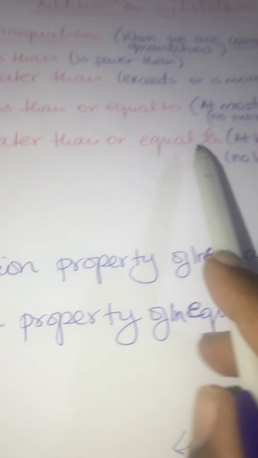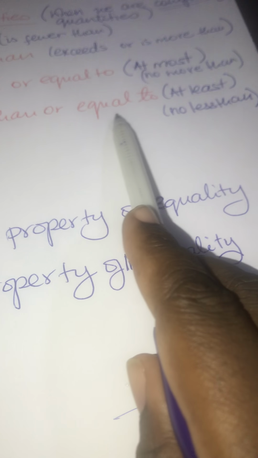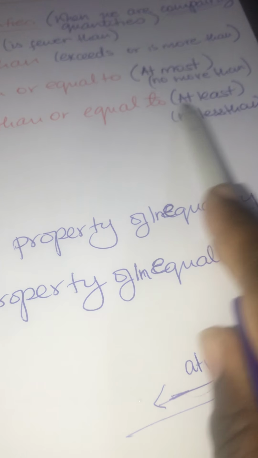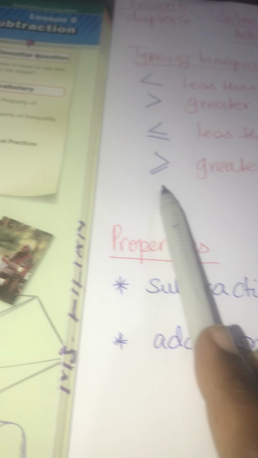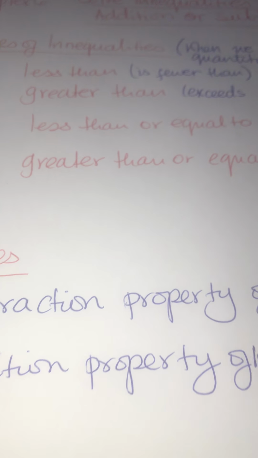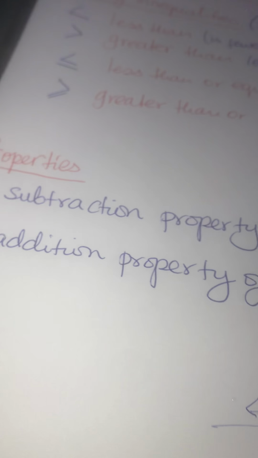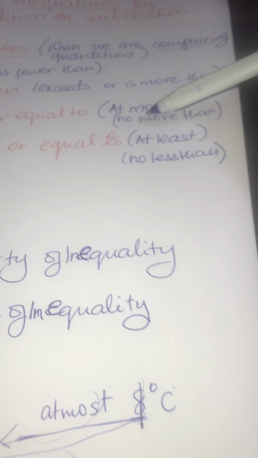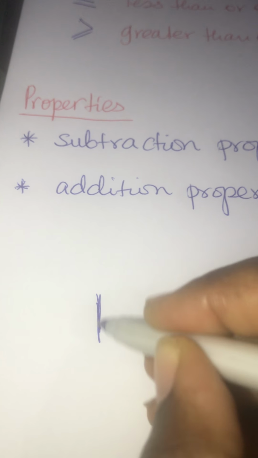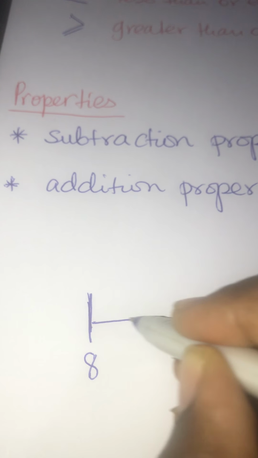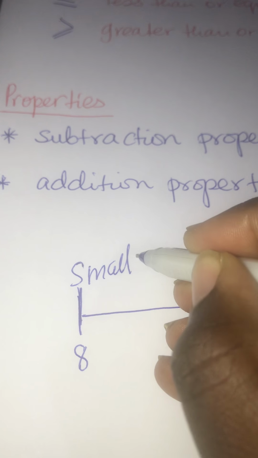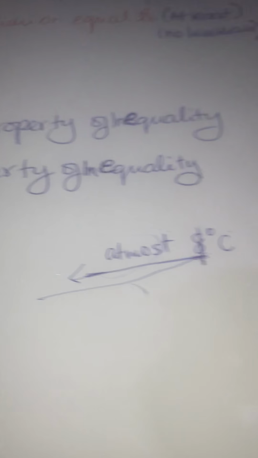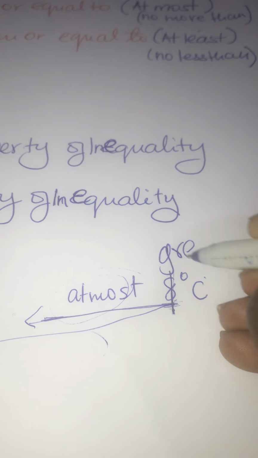And then another phrase for greater than or equal to is at least. Remember, with at least and at most, the equal to sign has to be there. So greater than or equal to means at least. At least means you start at this number and go. So this is the smallest number, and this is the greatest number.